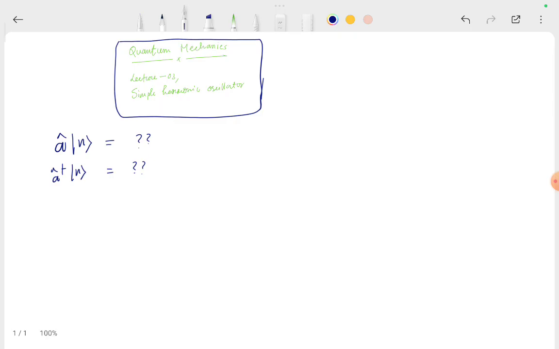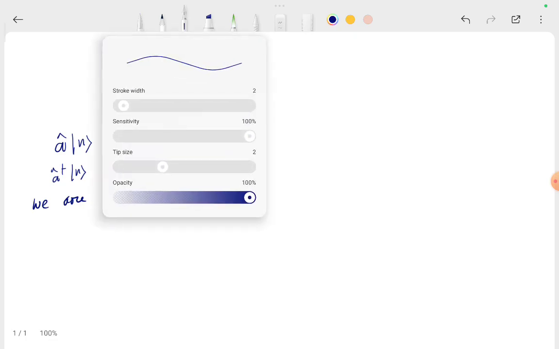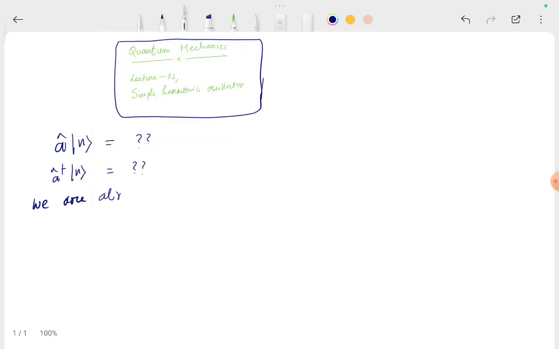We already know that when a cap acts on the nth state, it decreases the state by one and we get an eigenvalue c minus.